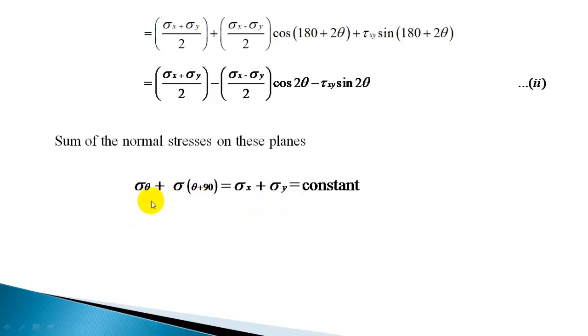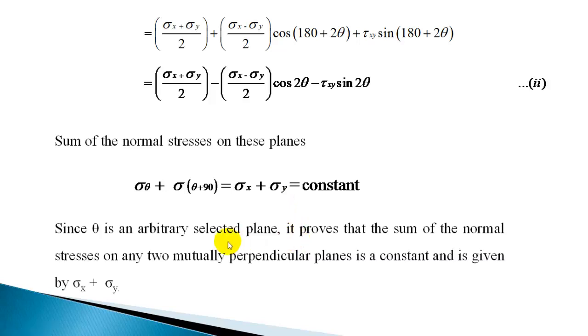It is applicable for any plane, so you can even add the normal stresses on principal planes, that is, the principal stresses. Sigma 1 and sigma 2 summed up also give the value equal to sigma x plus sigma y.